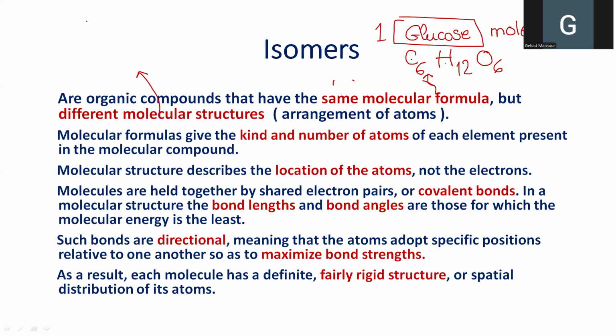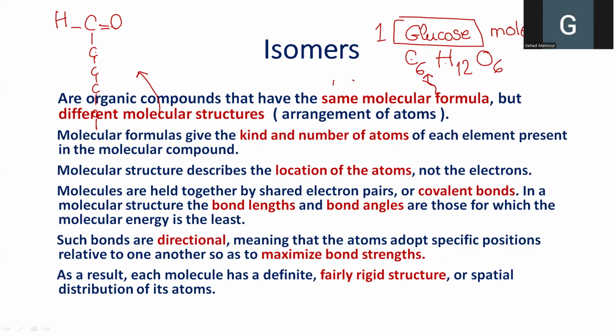But the molecular structure shows you the arrangement. For example, if you want to draw the molecular structure of glucose, then you would say that it looks like this: C double bond O H, and then you have 6 carbon atoms like this.